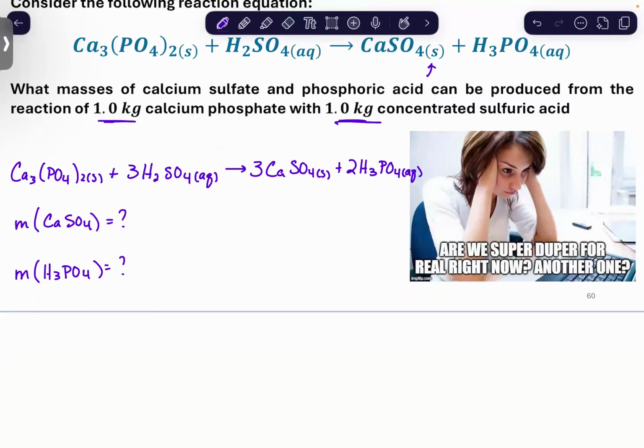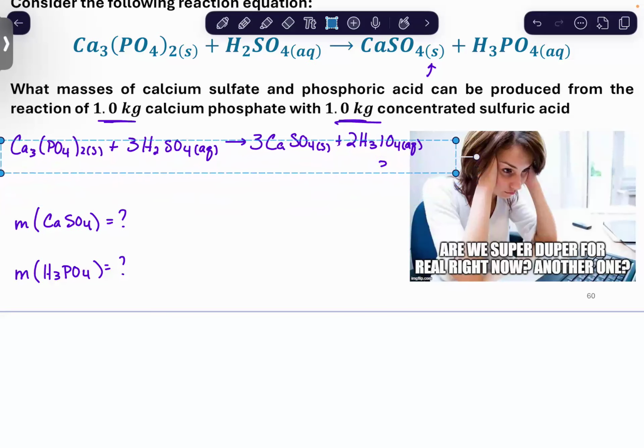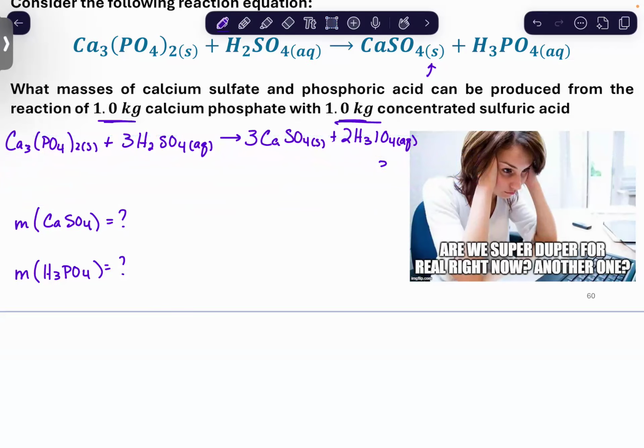Okay, so some things that I'm going to need. All right, so calcium, 40.08 grams per mole. Sulfur, 32.07 grams per mole.